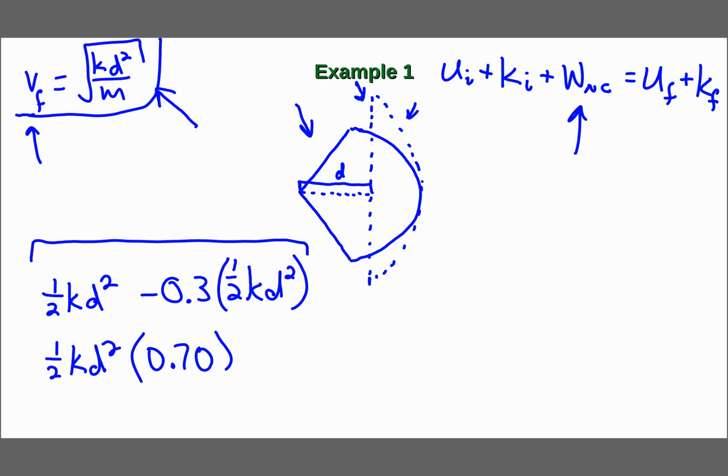This bow would be 70% efficient at turning potential energy into kinetic energy, okay? And we can do this for all kinds of things that store energy. We can talk about an efficiency, how efficiently they can transfer that stored energy into something like kinetic energy, right? In this case, the kinetic energy of the arrow.